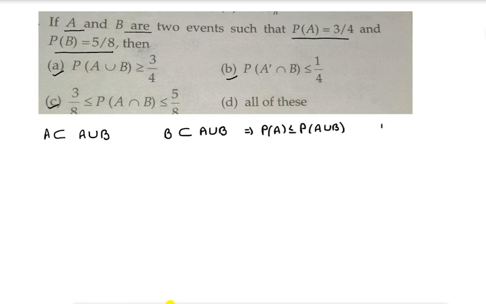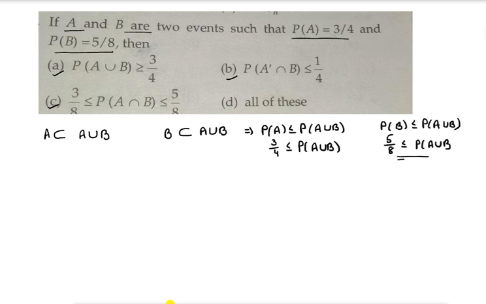At the same time, P(B) is also less than or equal to P(A union B). So P(A) value is given as 3 by 4, so 3 by 4 is less than or equal to P(A union B). In a similar way, I can say 5 by 8 is also less than or equal to P(A union B).